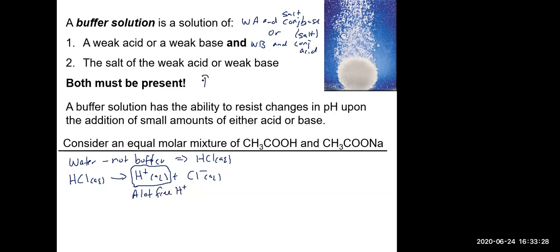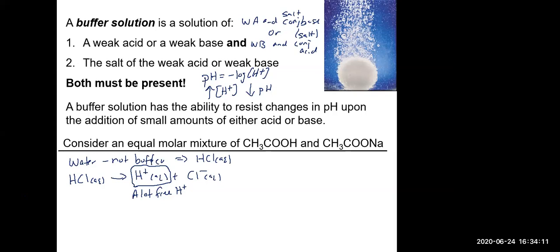Remember that the pH of a solution is minus the log of the H+ concentration, which means we increased the H+ concentration a lot very quickly. That means we should see the pH drop very quickly as well. For example, if we started with water at a pH of 7 and add some hydrochloric acid, we may see the pH go from 7 down to maybe 2, maybe 1, depending on how much we add. We see that big jump because we've just generated a lot of free H+ very quickly.